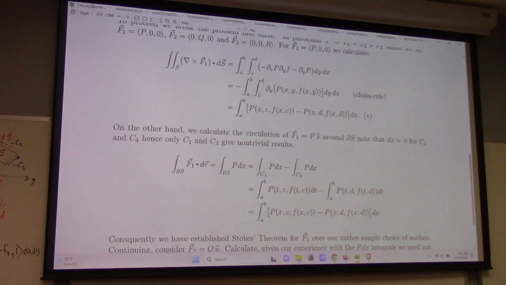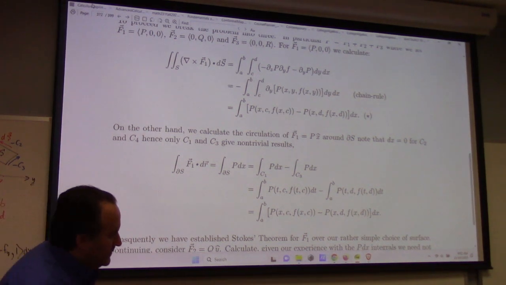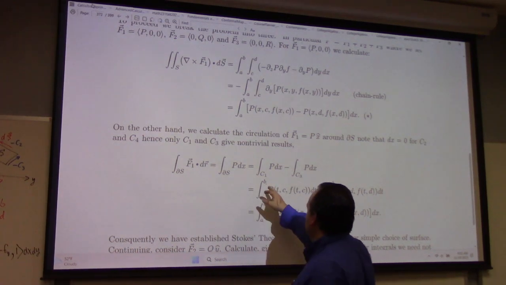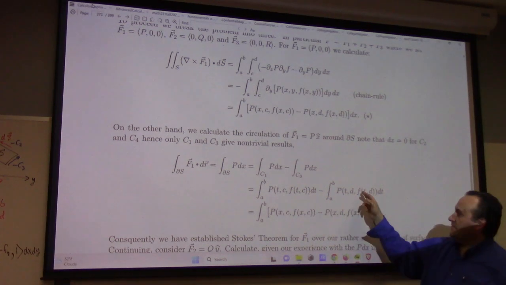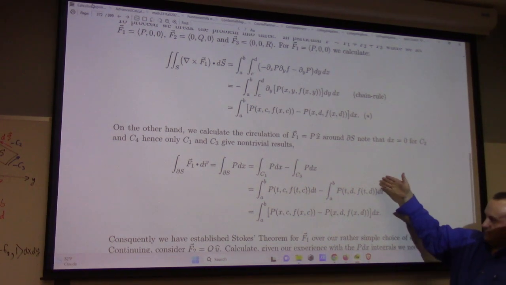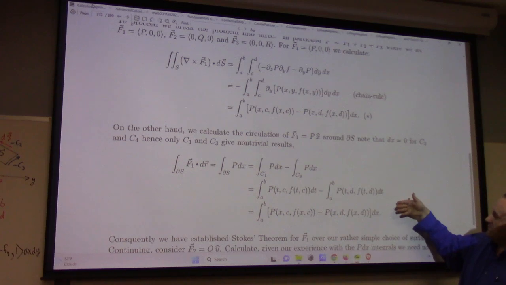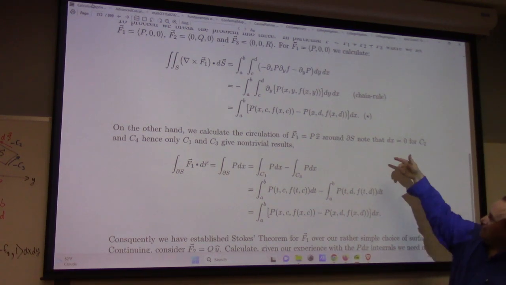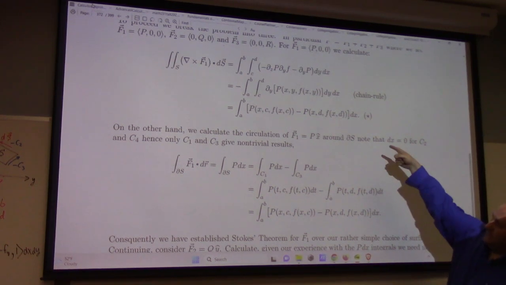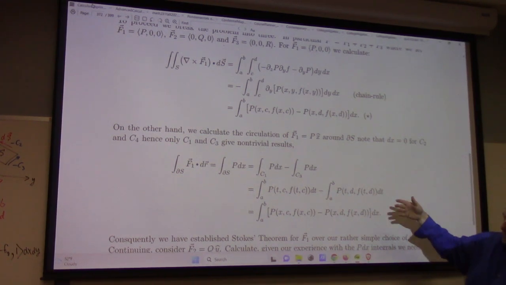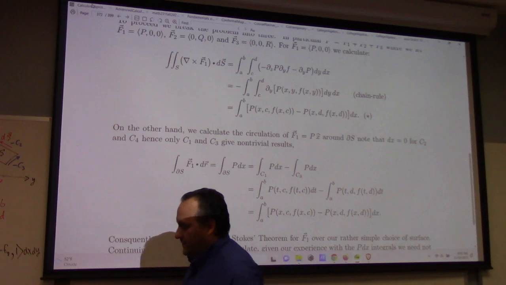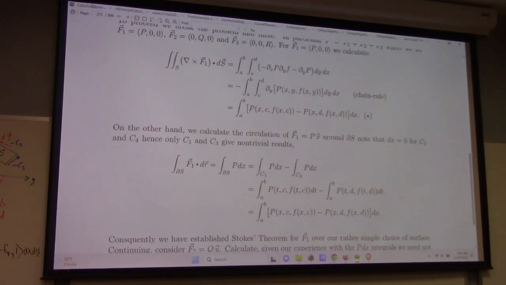So if we look at C1 and C3 rather, these guys, this guy and this guy, when you put in the parameterization and work out what the line integral means, well, we get this, which is exactly that, right? So apparently the integral of F1, the flux from the F1 piece, gives me this part of the integral around the boundary.